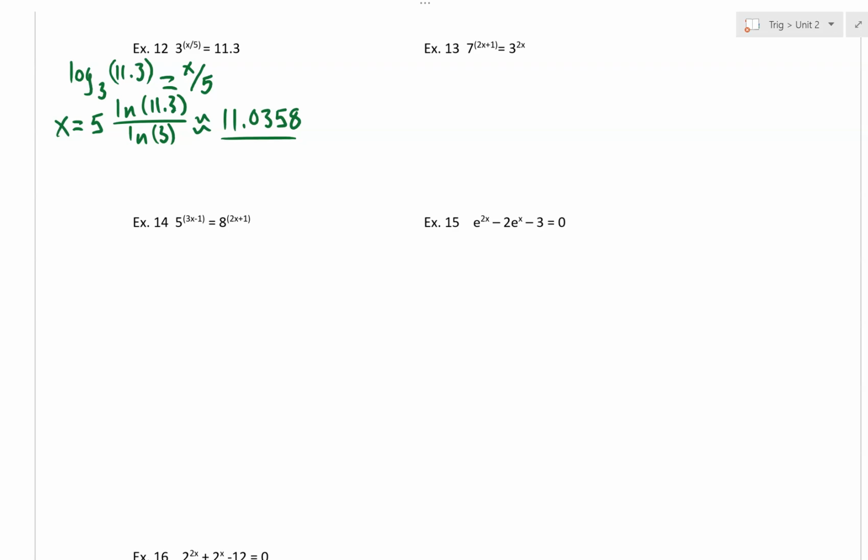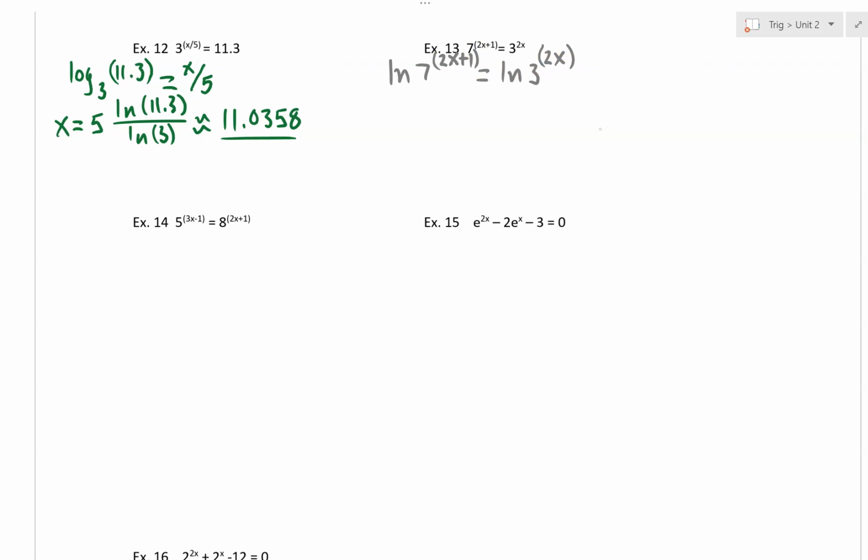So what I mean by that, we're going to take the natural log of 7 to the 2x plus 1 is equal to the natural log of 3 to the 2x. Now, what is our next step here? Well, our next step is to get our exponent out from the exponent.